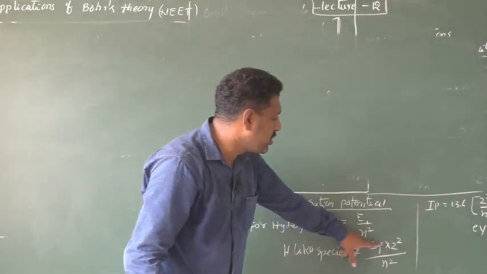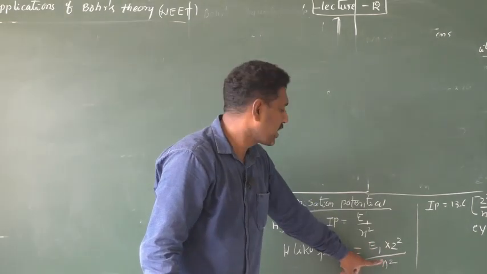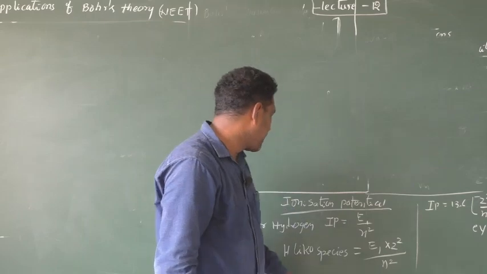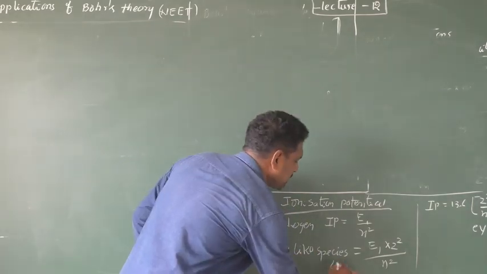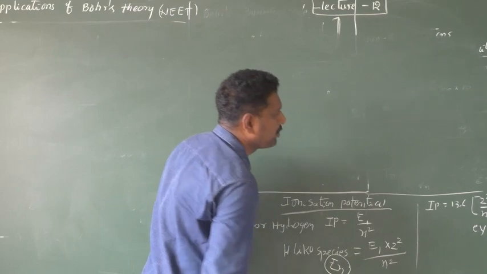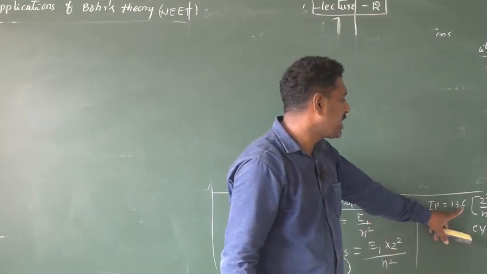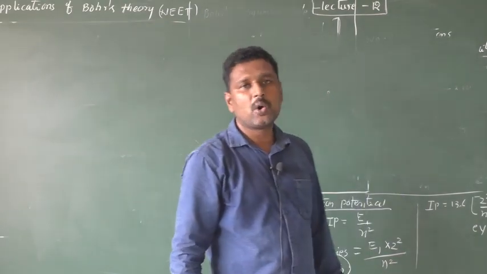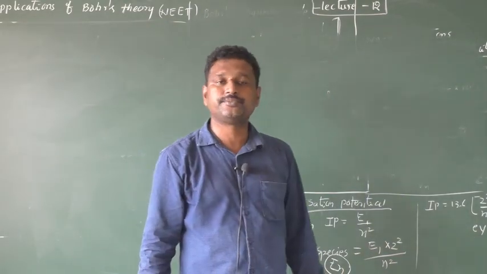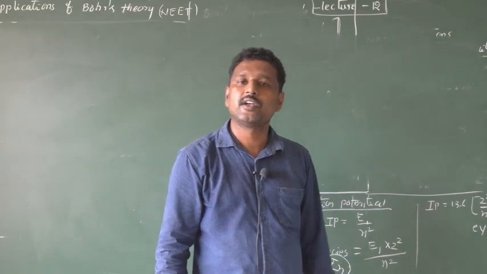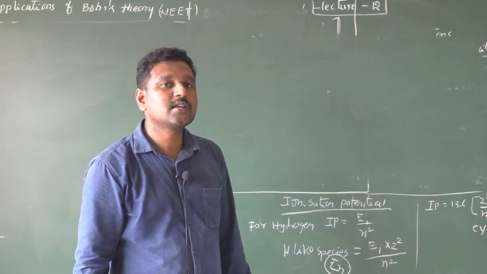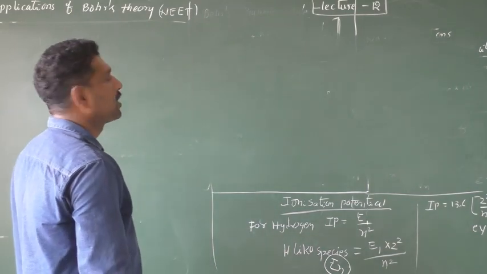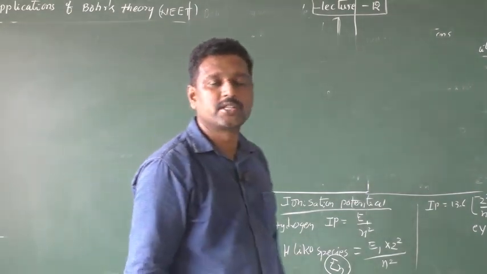For hydrogen species, E1 into z square by n square. That is IP equal to 13.6 into z square by n square electron volts. We can find the ionization potential of any hydrogen-like species. So this is about applications of Bohr theory.